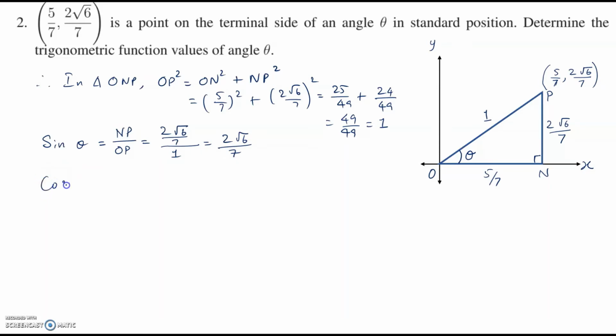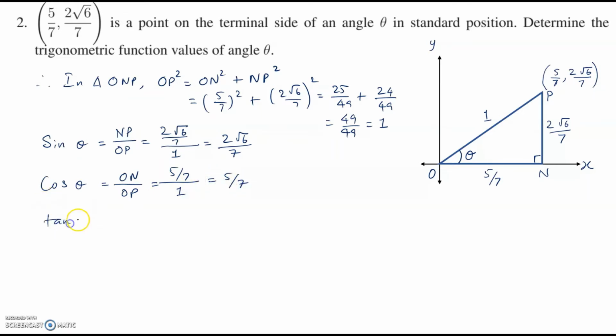Similarly, our cos theta would be equal to adjacent side, which is ON, divided by OP, the hypotenuse. So, this is nothing but 5 by 7 divided by 1, and that's equal to 5 by 7.